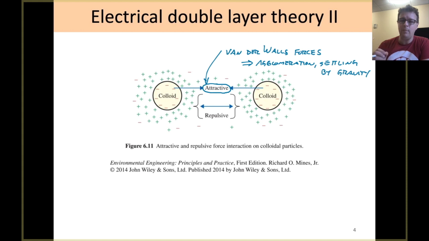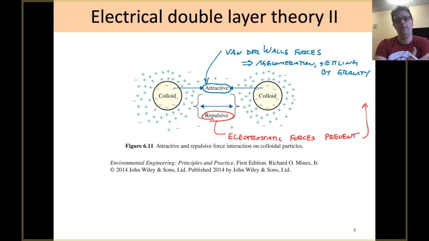But that doesn't happen for colloids without human intervention, because we've also got electrostatic forces that are repelling them, like trying to push two positive poles of magnets together. So the strategy to get rid of colloids is that you've either got to crank up the attractive forces or eliminate the repulsive forces in order to get these things to clump together into bigger groups. Those bigger groups will be heavier and they'll settle faster.